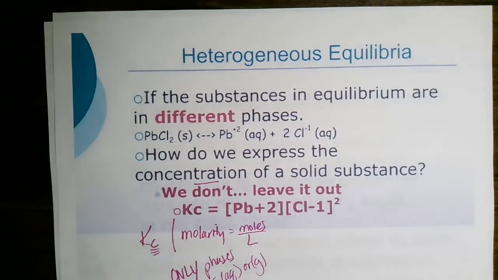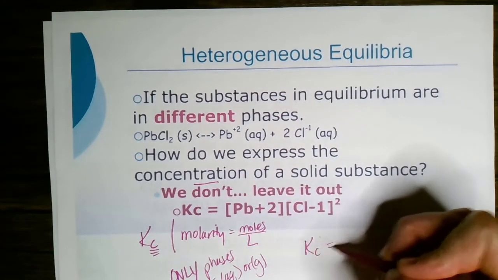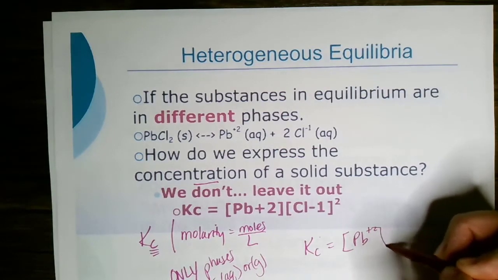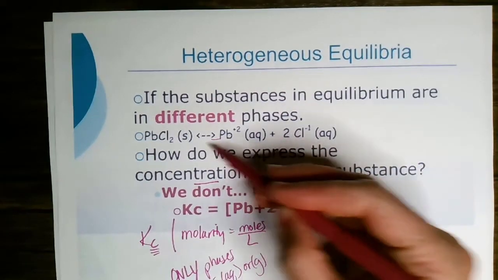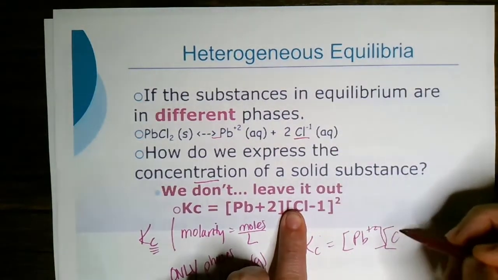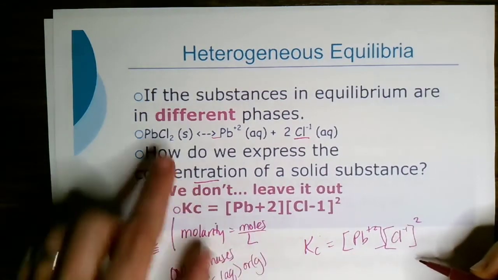So in this case, products over reactants, for Kc, I would have the concentration of Pb2+ ions, with no exponent there, and then our chloride ions raised to the second power, all over nothing.